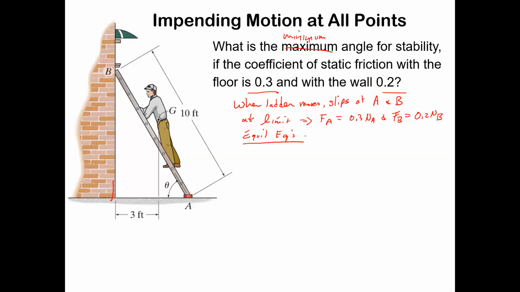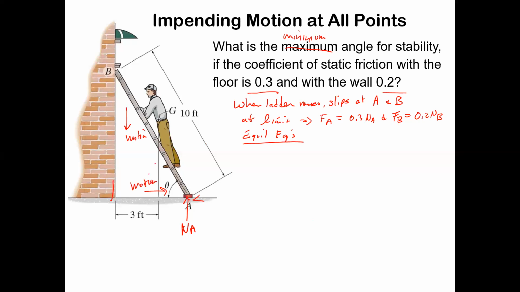Before we do that, we're going to draw the forces on here. So we have this normal force at A. Thinking about the impending motion, if it's going to slip, the ladder is going to slip out from under the person. The top is going to come down and the bottom is going to slide out.